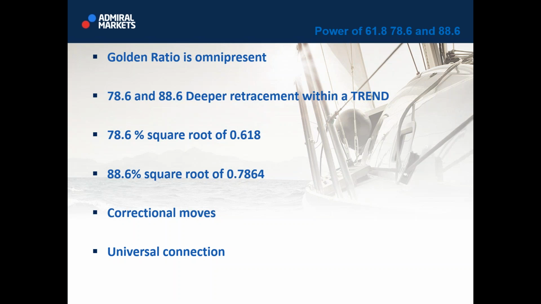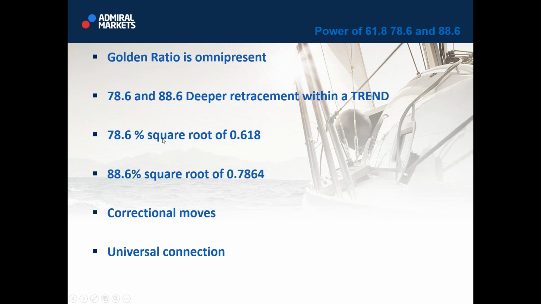78.6 and 88.6 are correctional moves. If the price jumps off 78.6 or 88.6, it's a deeper retracement. The old rule of forex trading says the bigger the retracement is, the bigger the trend move will be.